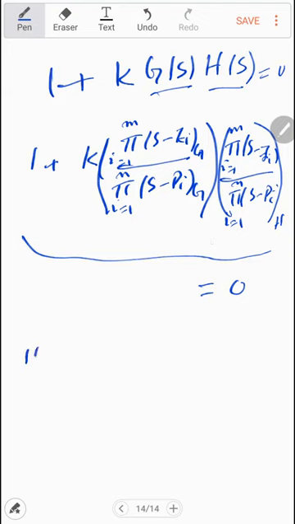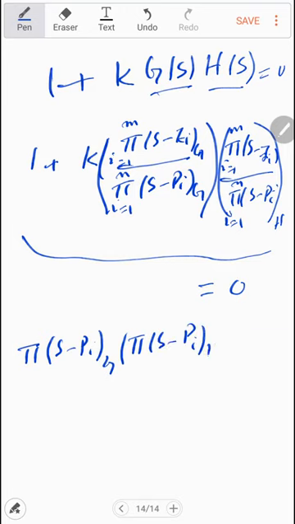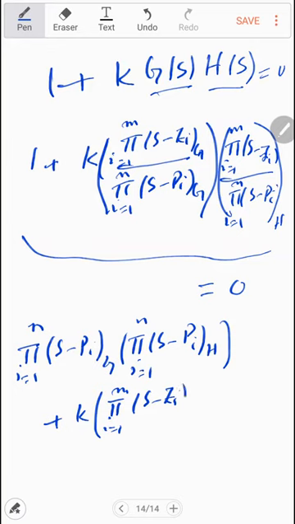If you simplify this, you will get the product of s minus pi of g multiplied by the product of s minus pi of h, for i equal to 1 to n, and then we have plus k multiplied by the product of s minus zi of g and the product of s minus zi of h, for i equal to 1 to m, and this is equal to 0, so multiplying the denominator by 0 gives 0.